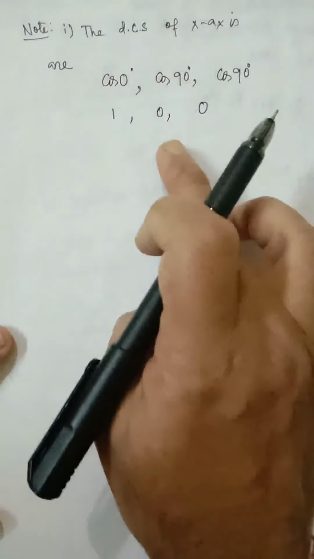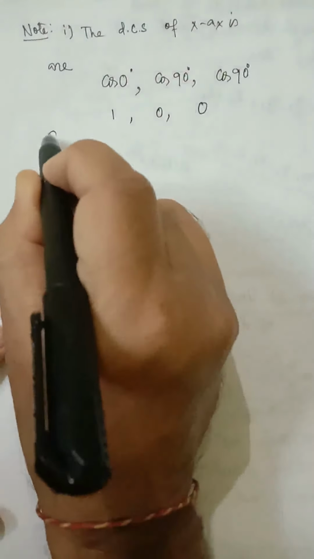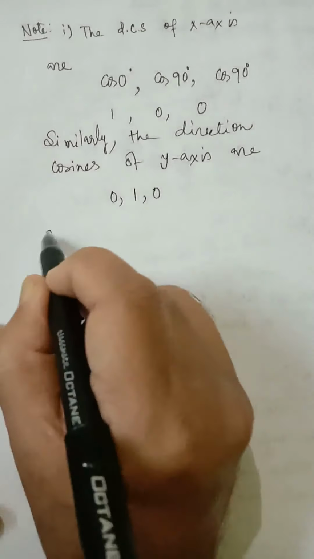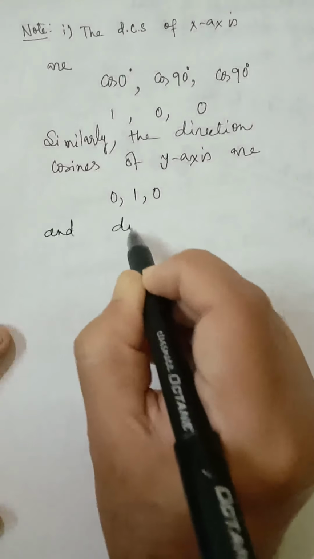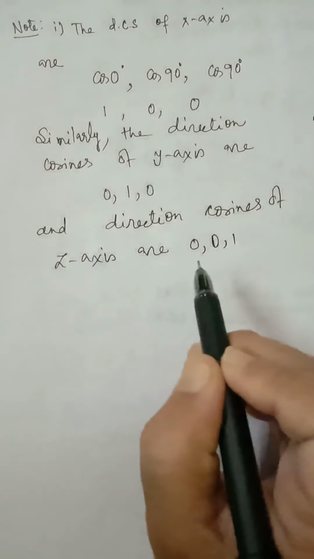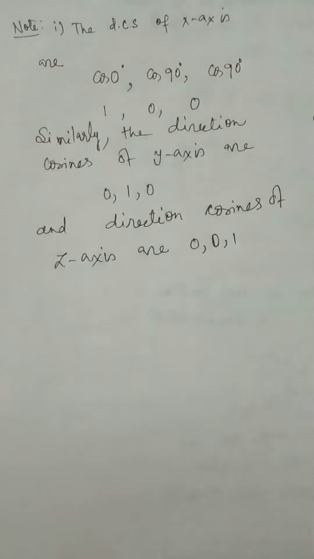So direction cosines of x-axis are 1, 0, 0. Similarly, the direction cosines of y-axis are 0, 1, 0, and direction cosines of z-axis are 0, 0 and 1.